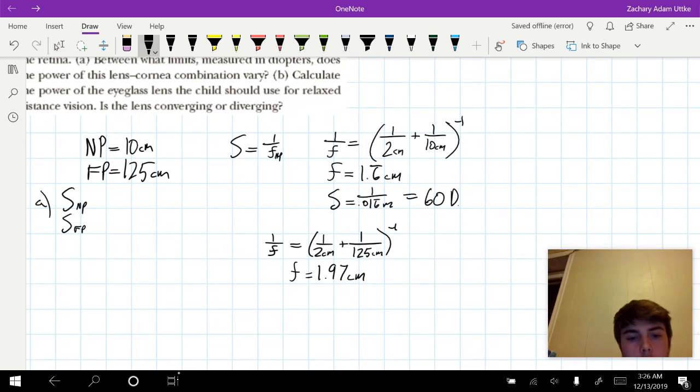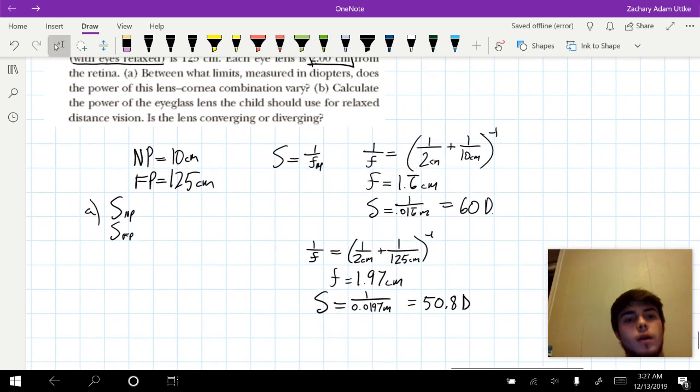Okay, so to find the strength, we need 0.0197 meters. Okay, so let's calculate this. And I get 50.8 diopters.